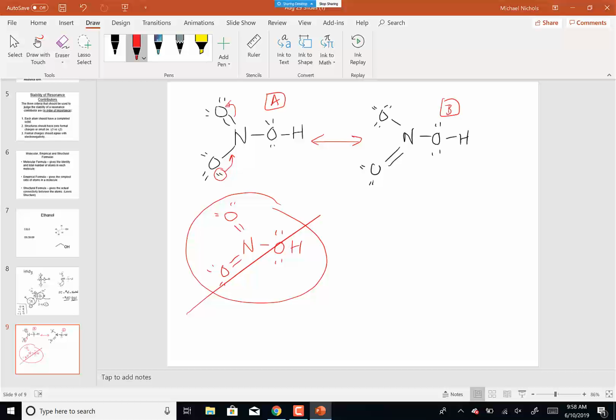It is what we call the hybrid, the average. In the early days of resonance theory, people did believe that those two structures were constantly flipping back and forth. And that came from the benzene ring.